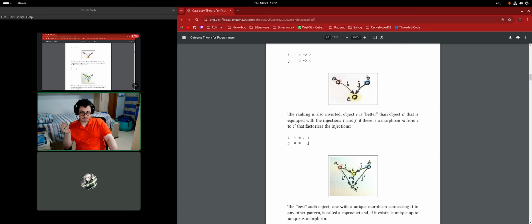So in this particular case, the object C is better than object C prime that is equipped with the injections I prime and J prime if there is a morphism M.